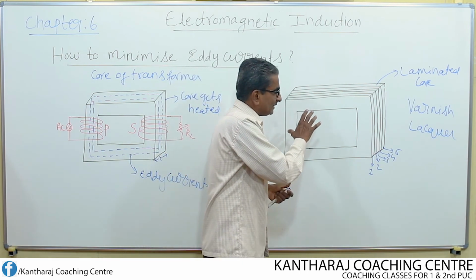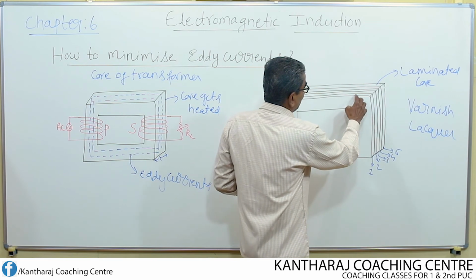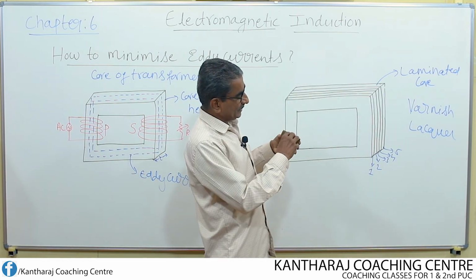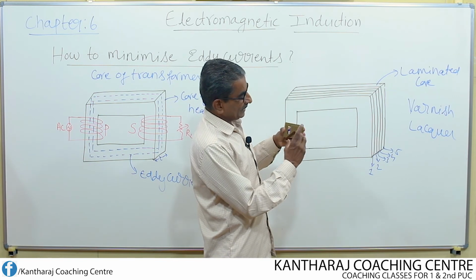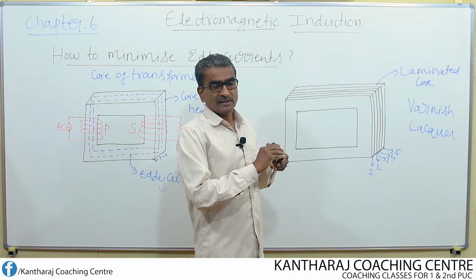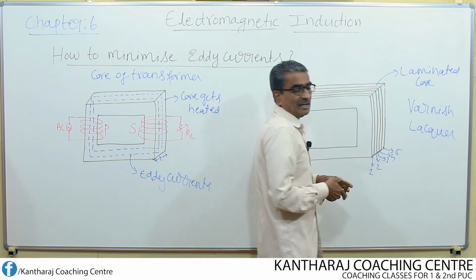So by laminating the core, the resistance between the plates increases. That means the resistance between one plate and another plate increases. And this resistance increases because of this insulating material also.